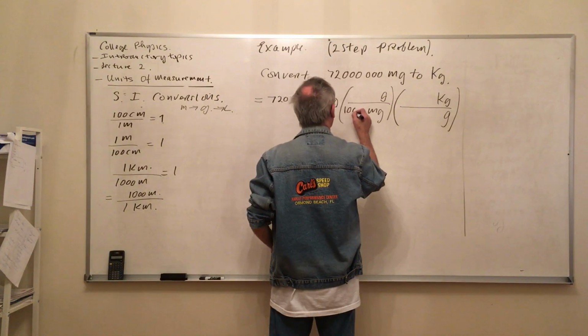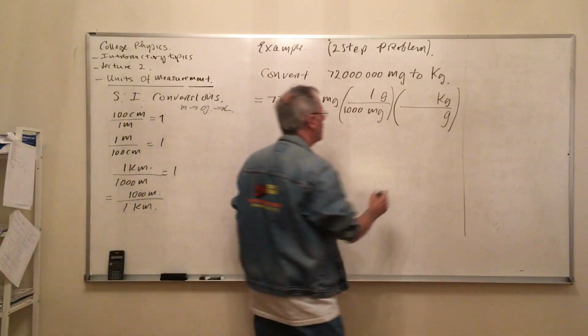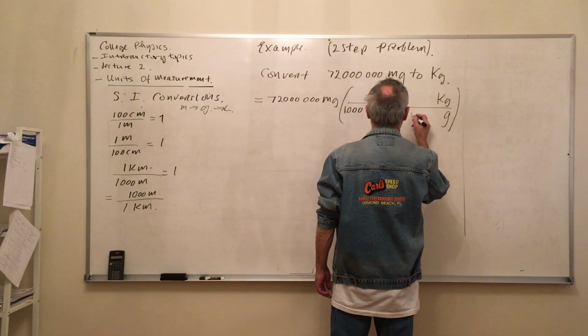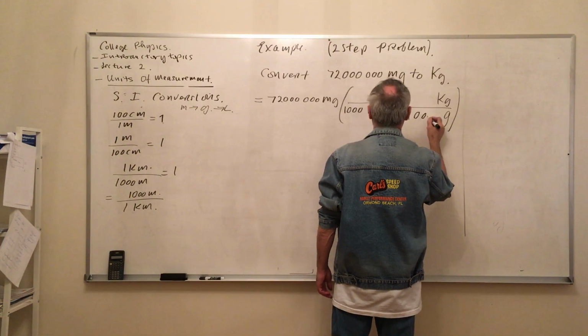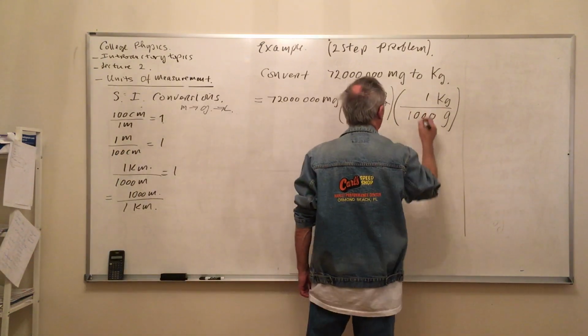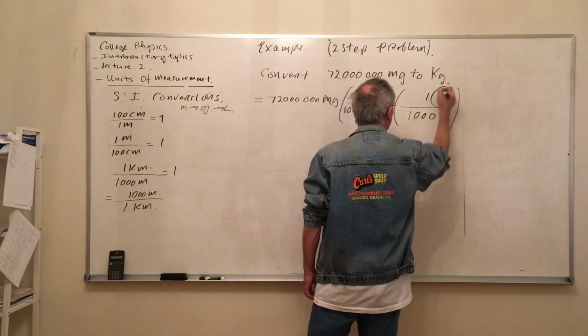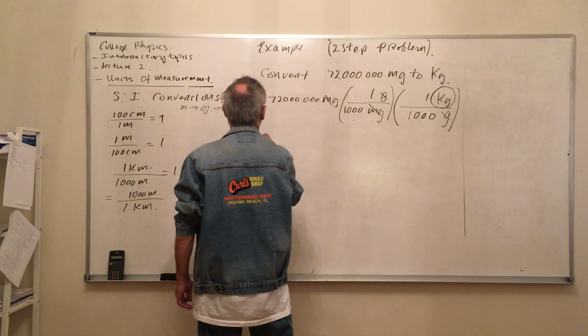1,000 milligrams is 1 gram. 1,000 grams is 1 kilogram. The grams go, the milligrams go, and the kilograms stay. Downstairs I have 1,000 times 1,000.